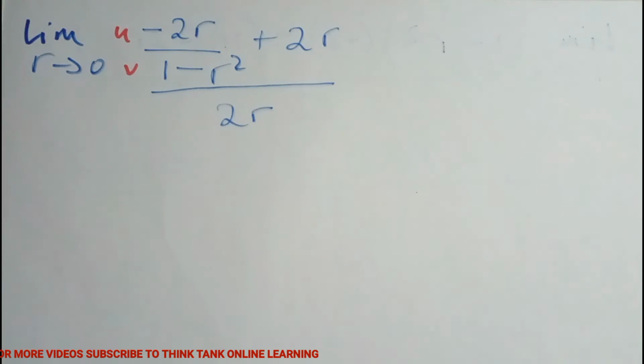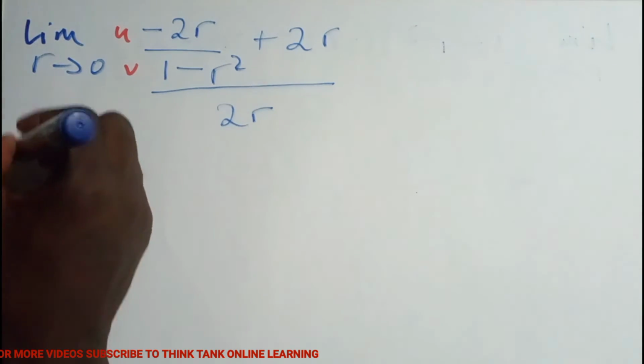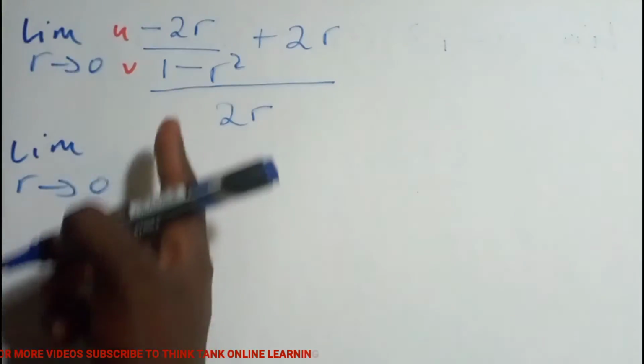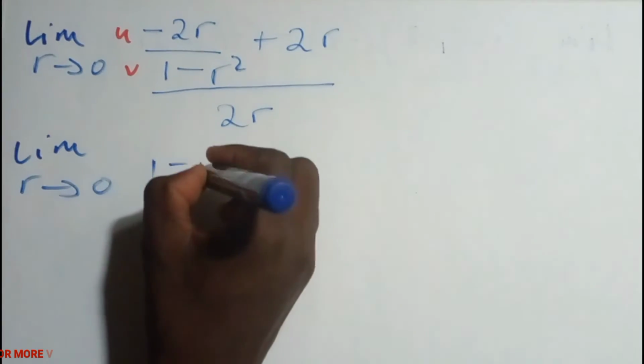So we differentiate, and we say the limit as r approaches 0. Here v is 1 minus r squared.